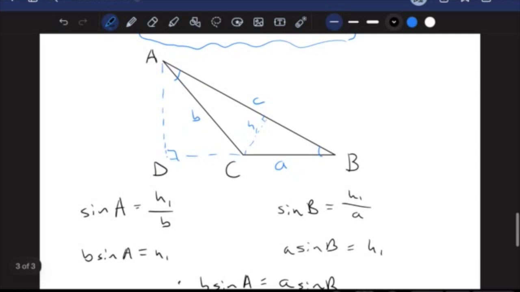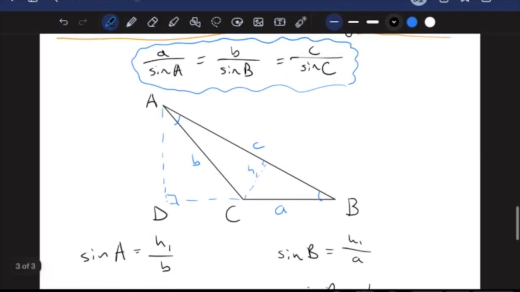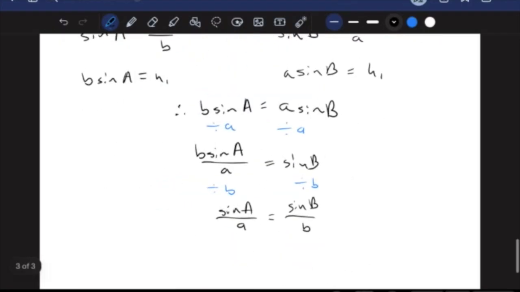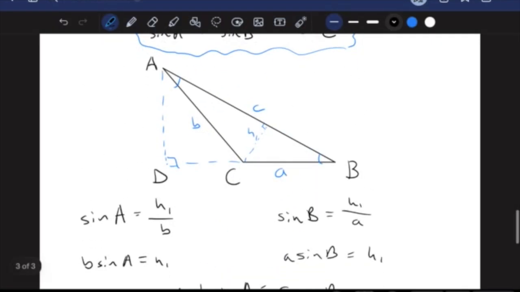I'm going to be relating, because remember with sine rule, we want to relate the angles to some other angles we have. So we've proved half of it, sine A over a equals sine B over b. So we want to relate sine B over b or sine A over a to this C here as well. Now, by drawing this in, I have a new acute angle with C, this pointy end, over here.